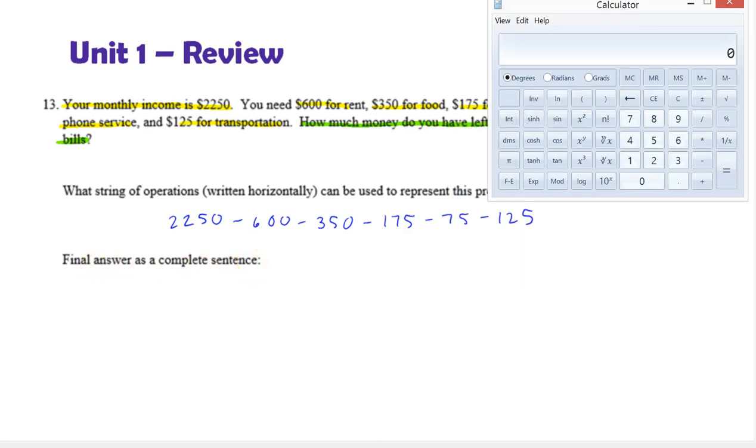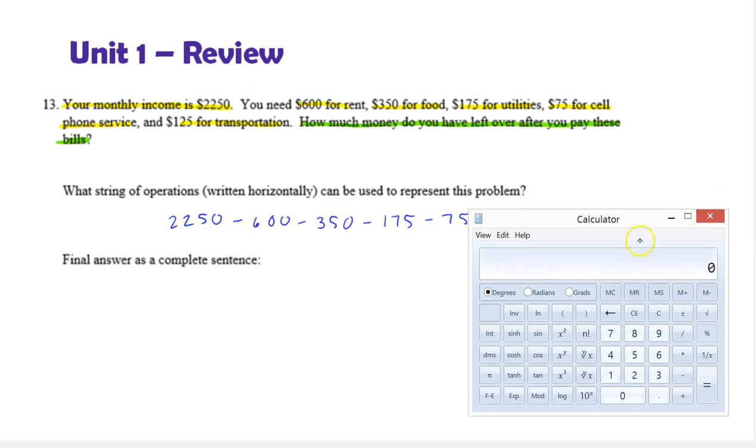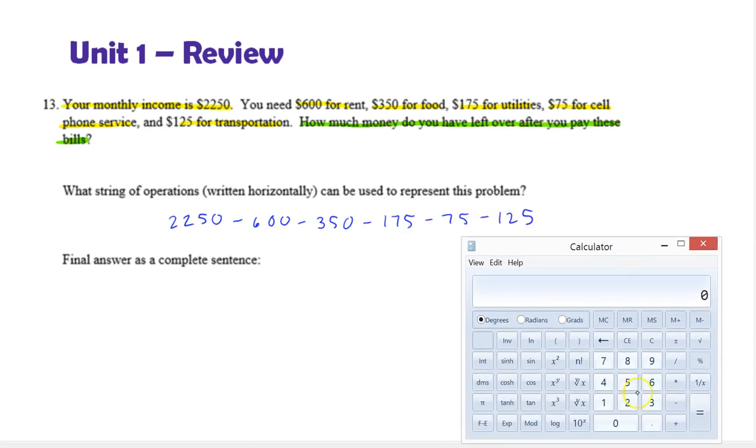So let's do this on the calculator. We're going to put these in one at a time and just keep subtracting. So I'm going to hit minus again. It's going to give us a running total, but we're going to put them all in at once. Minus 350, minus 175, minus 75, minus 125.